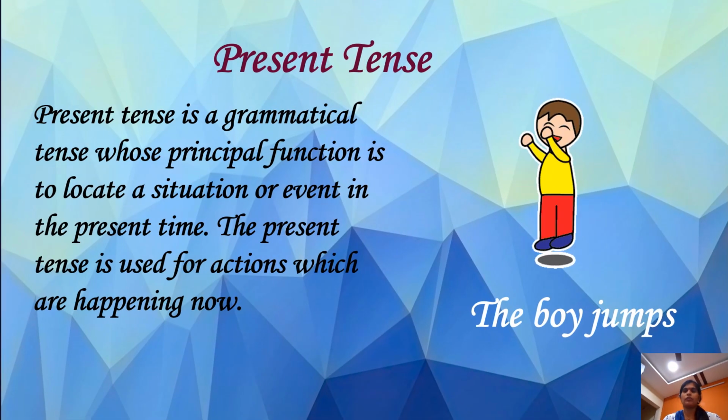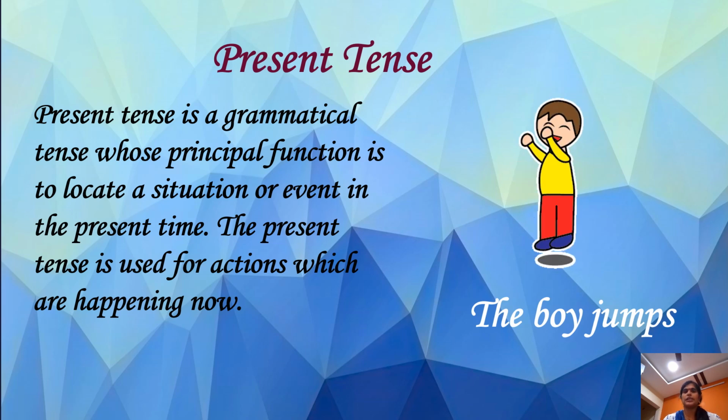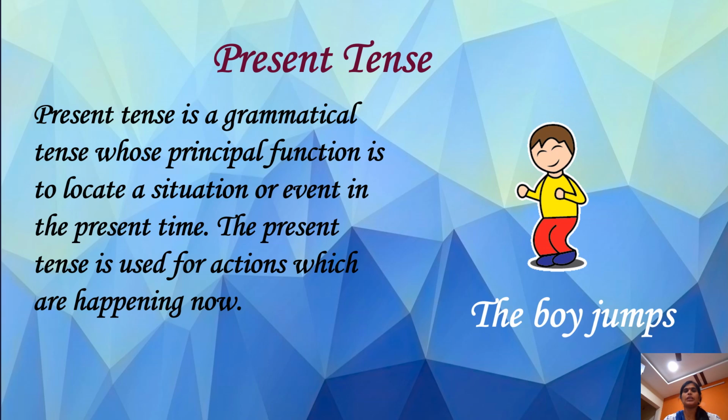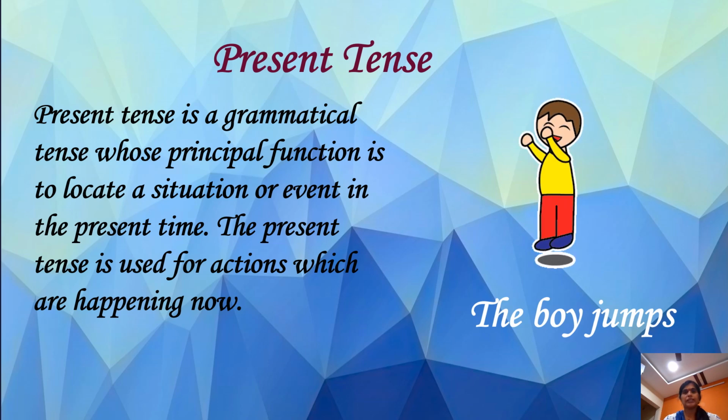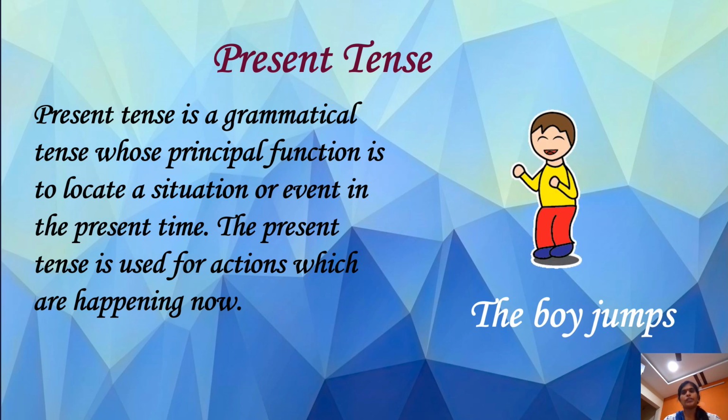The other meaning of the word present tense: present tense is a grammatical tense whose principal function is to locate a situation or event in the present time. The present tense is used for actions which are happening now. For example, the boy jumps.